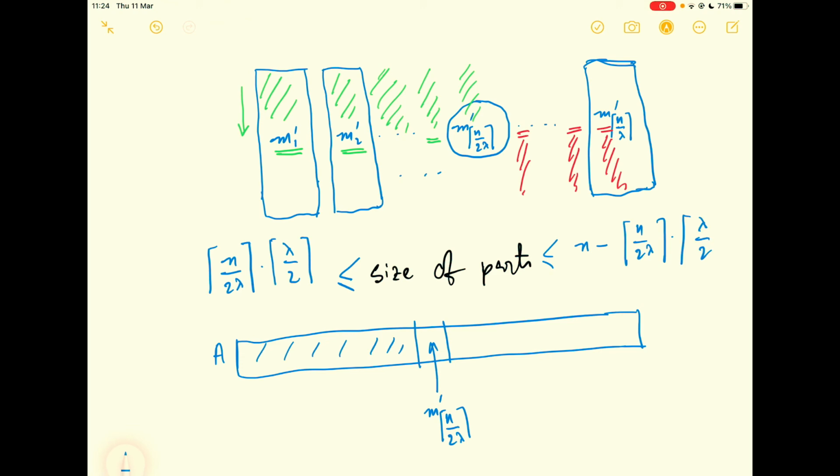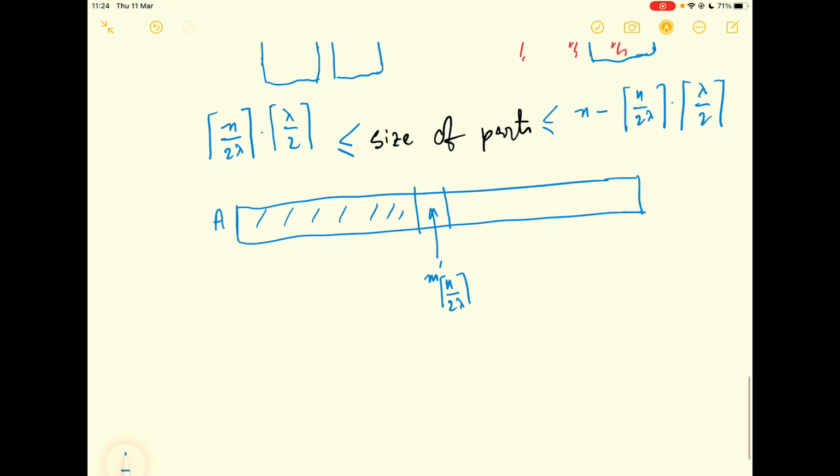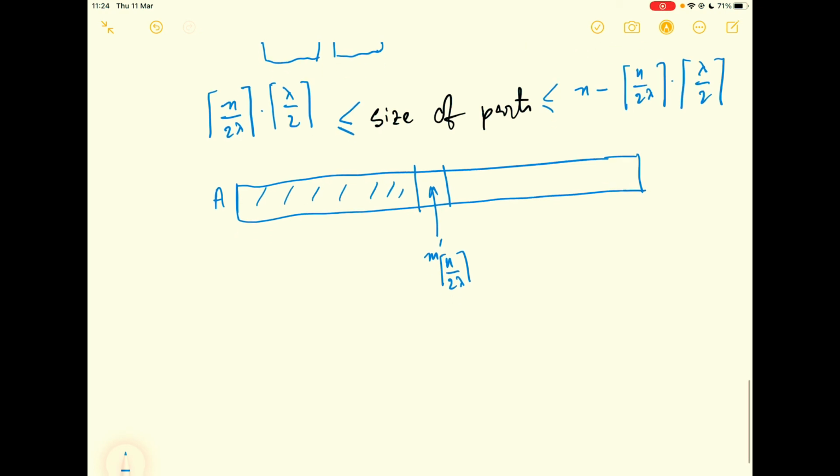times lambda by 2. As you can see, if you ignore these ceilings, this lambda cancels, and we have proved that the size of the left part is in between n by 4 and 3n by 4, which automatically implies that the size of the right part is also between n by 4 and 3n by 4.